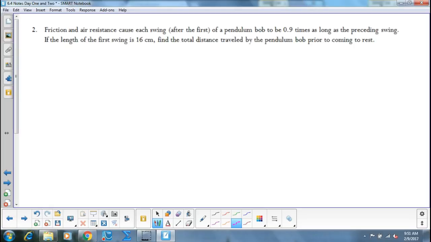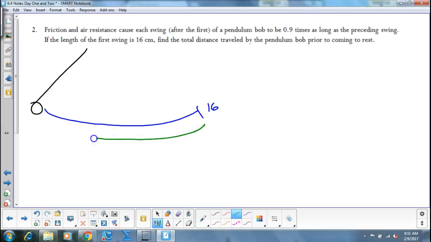All right? So you've got a pendulum that swings 16 centimeters on its first swing. Then it's going to go back how far? 14.4.